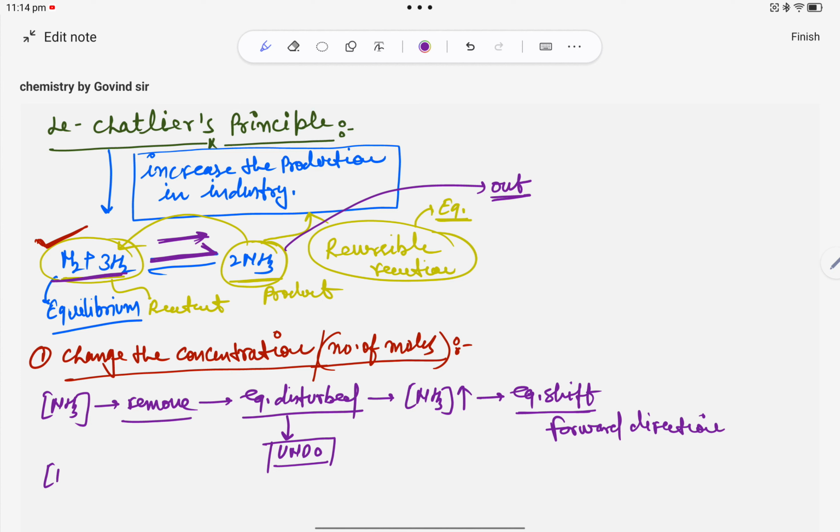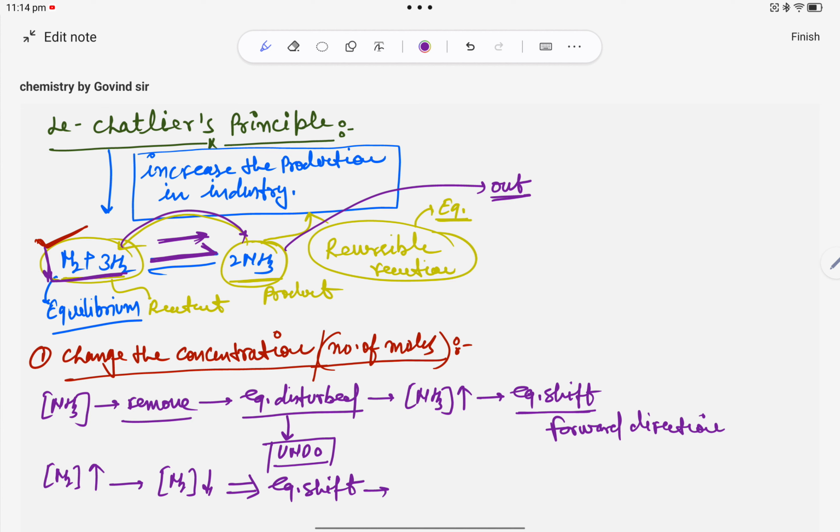Second thing, if the N2 concentration increases, that means you increase the moles of N2 in the reaction, then the equilibrium wants to decrease the concentration of N2. So again the equilibrium shifts. The nitrogen concentration decreases as more and more ammonia is formed.